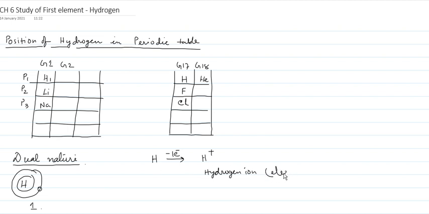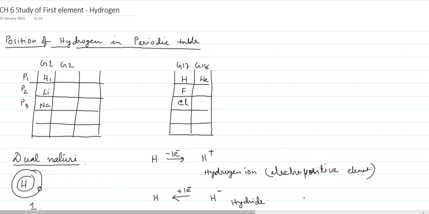So we can say that hydrogen is behaving like an electropositive element. At the same time, hydrogen can also gain one electron to form a hydride ion, which is again an electronegative ion.